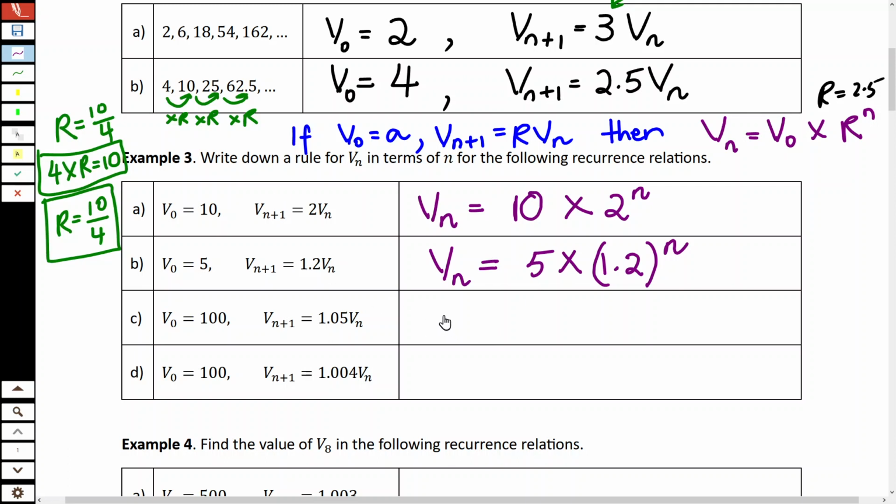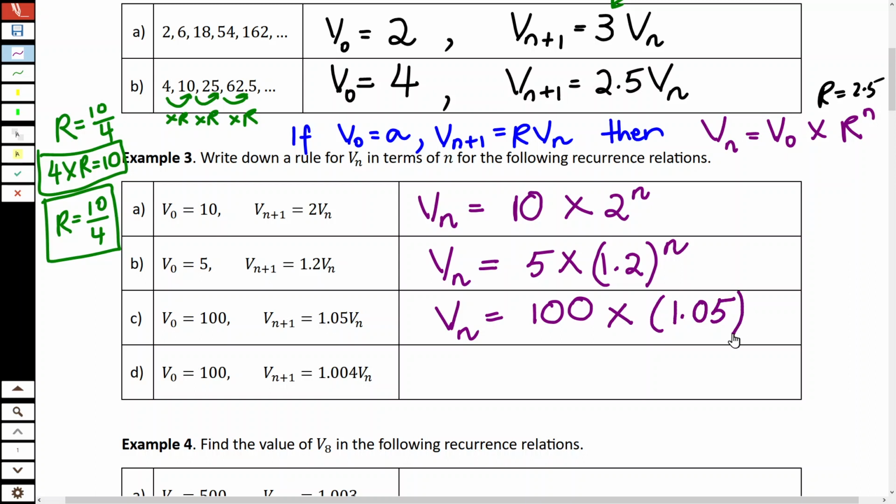Okay, Kalisha. Next one. Have a go. Tara? Vn equals 100 times 1.05 to the power of n.